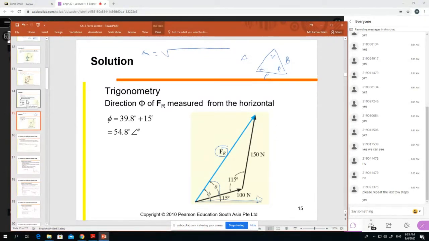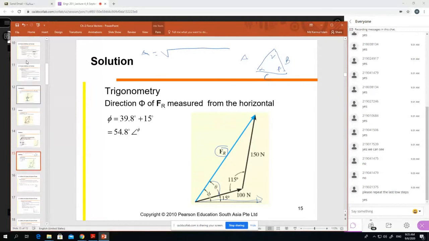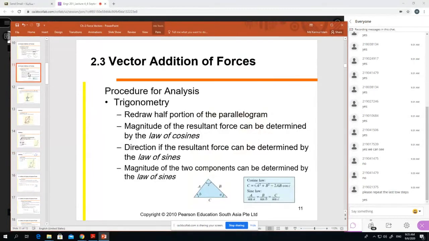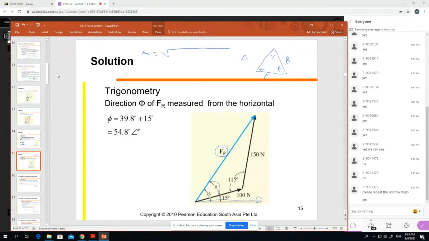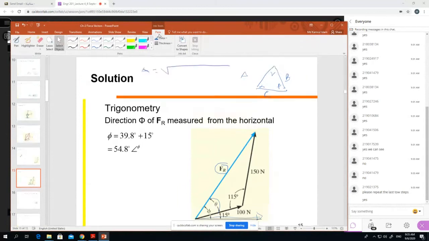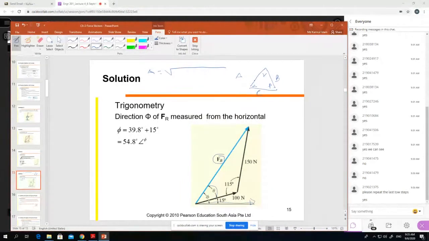A equal to, we learned that from here. Here is the formula. As per our case, A squared equals B squared plus C squared minus 2BC cos of the angle between B and C, which is the beta angle.